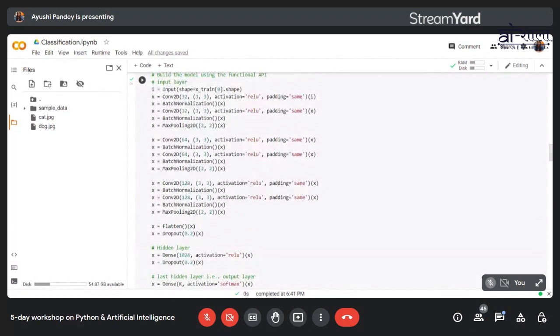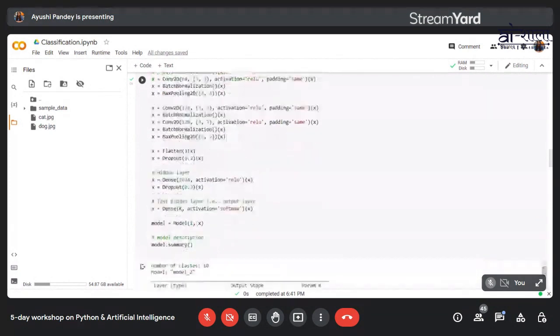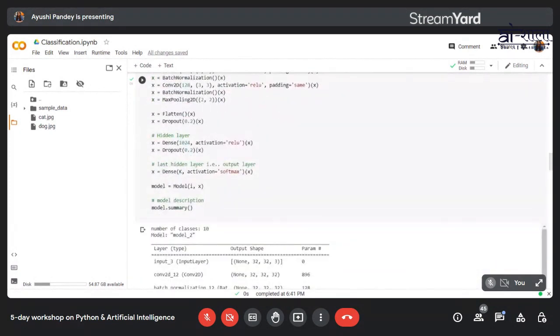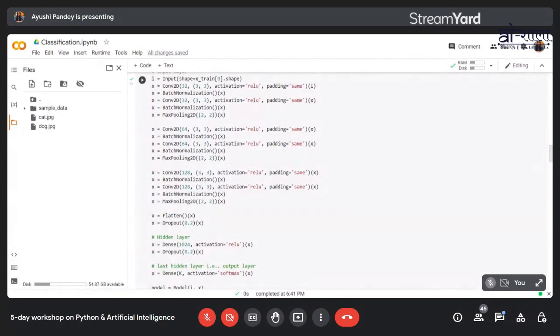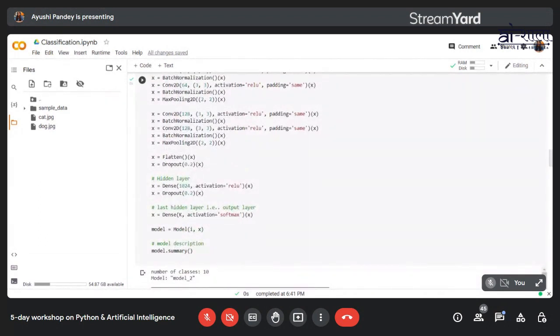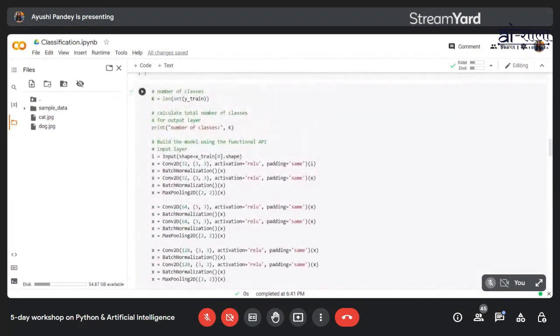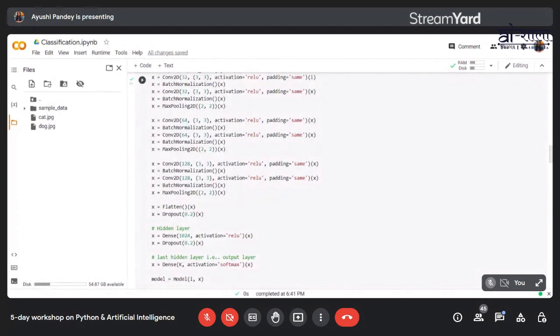The number of input layers and hidden layers always depends on the person who is coding and making the model. It purely depends on that person. I made so many input layers, but there is no need for that many.